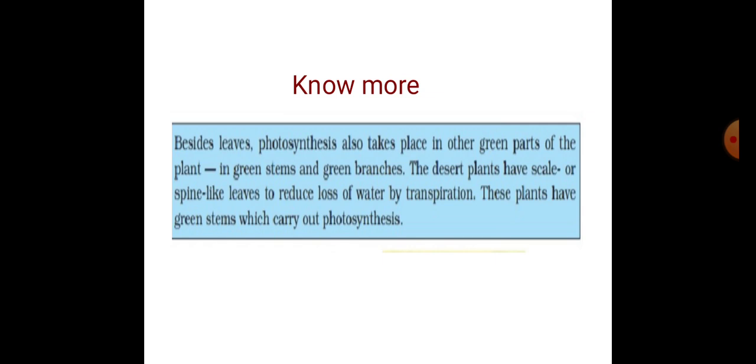Besides the leaves, photosynthesis can also happen in other parts of the plant, for example, green stem, green branches. Whatever the plant's parts are green, photosynthesis is 100% sure to happen as they have chlorophyll in that part.